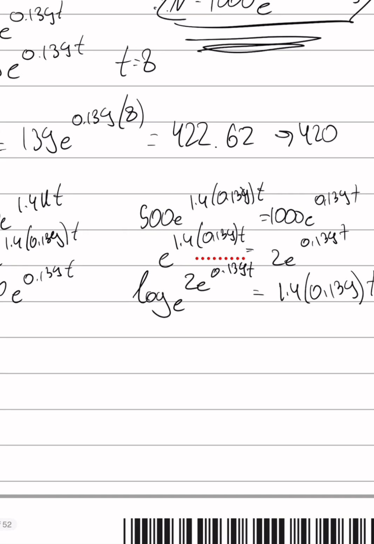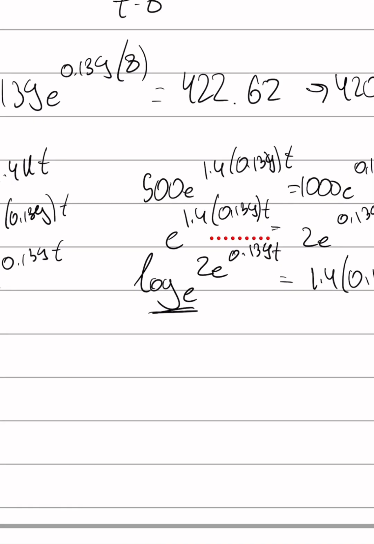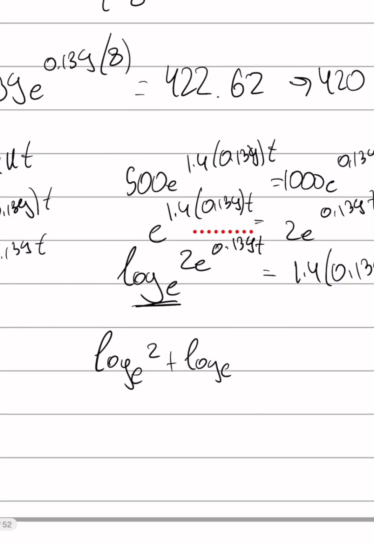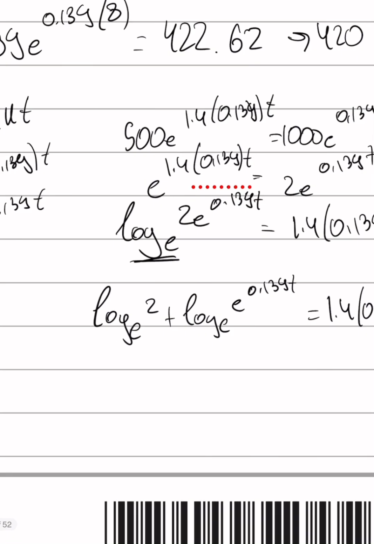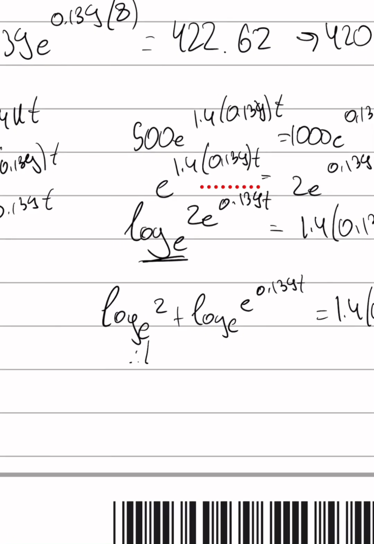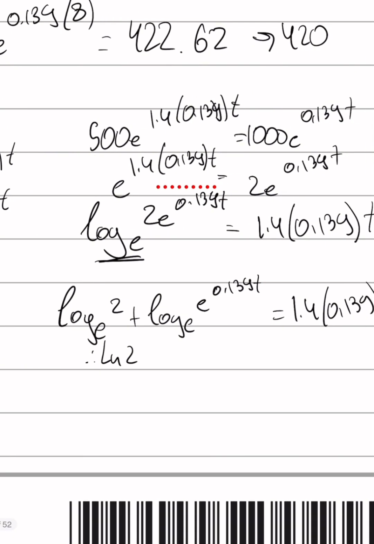Therefore, using log rules, we can separate the first bit by doing log of e to 2 plus log of e to the 1.39t, which is still this. Then this becomes ln of 2 plus this can be just moved to the back and those two cancel each other.